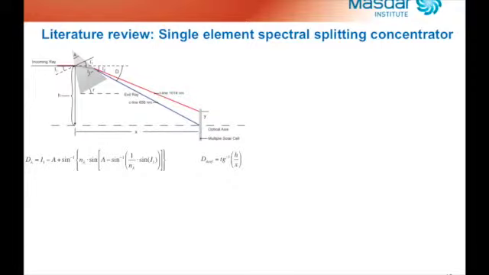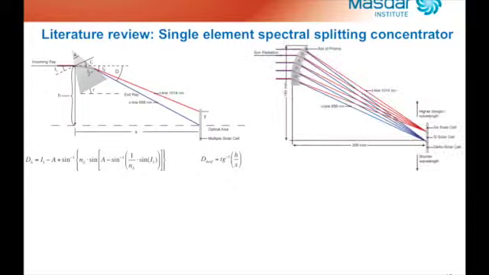So we can define a reference angle, which is basically the exit angle that we obtain for the lower wavelength of the spectrum. In this case, we took as a reference the blue wavelength, and by combining different prisms in a curve shape, we can obtain what we look for.